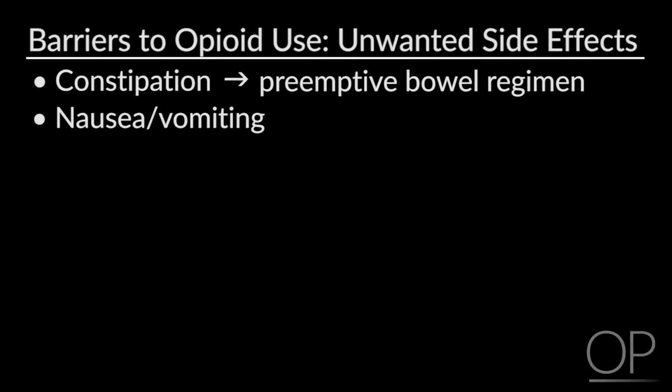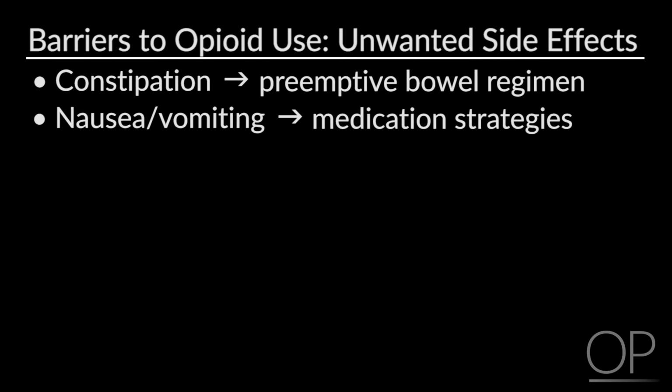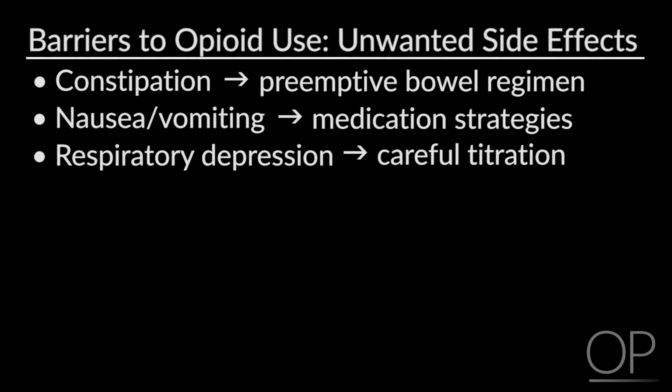Nausea and vomiting can also be controlled with medication strategies. Respiratory depression is something that we think about a lot and worry about. Again, in the end-of-life setting, we know that in the normal dying process, patients may have shallow respirations or a decreased respiratory rate, and we may worry that the opioids may exacerbate this.